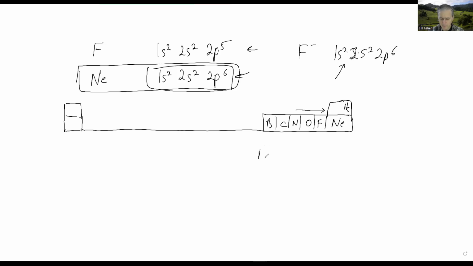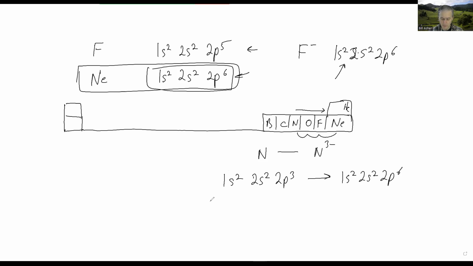So nitrogen would form an N3 minus ion because it gains 3 electrons, 1, 2, 3. So it goes from 1s2, 2s2, 2p3 to 1s2, 2s2, 2p6, just like neon.